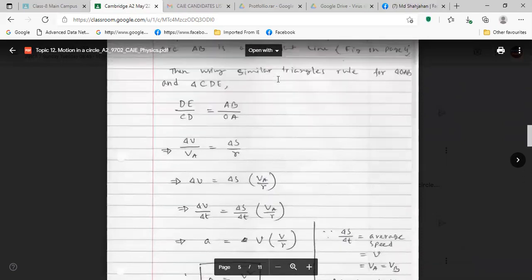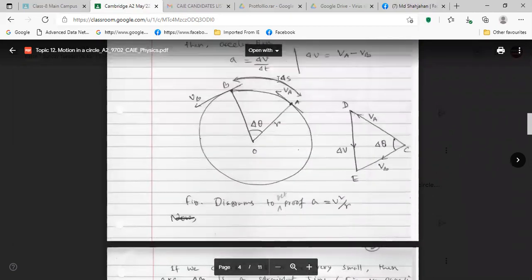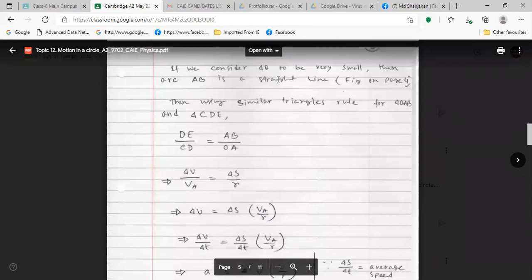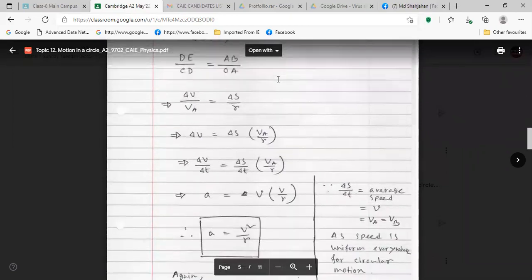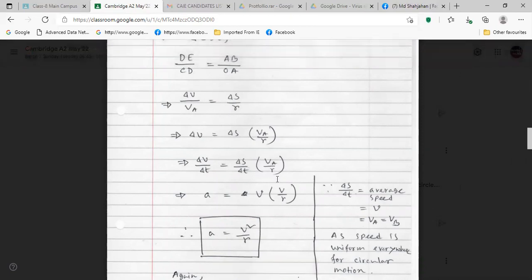Then del V by VA equals del S by R. Then we write del V equals del S VA by R. Then we divide both sides by del T, so we get del V by del T equals del S by del T times VA by R.